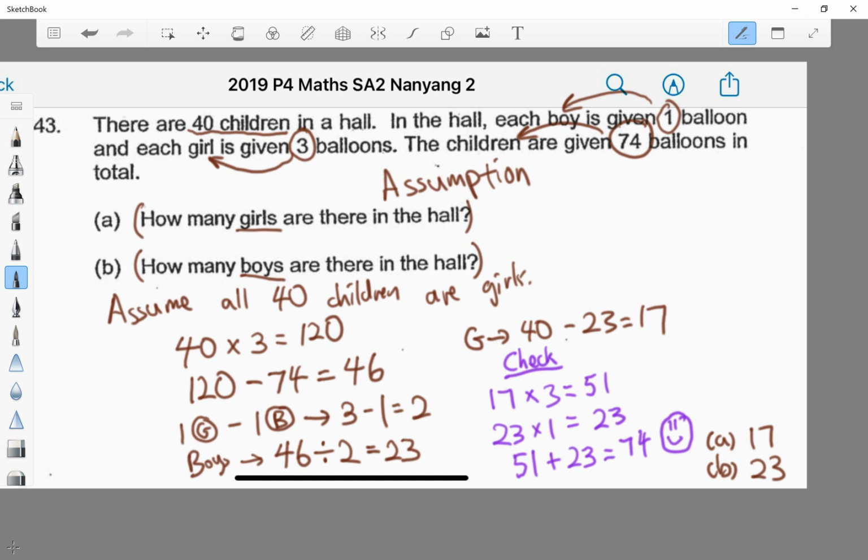Because assumption, you can actually get the answer in just a few steps, and it takes very little time as compared to guess and check. So it is a far superior method given the time constraints of a primary 4 examination, a primary 4 maths examination.